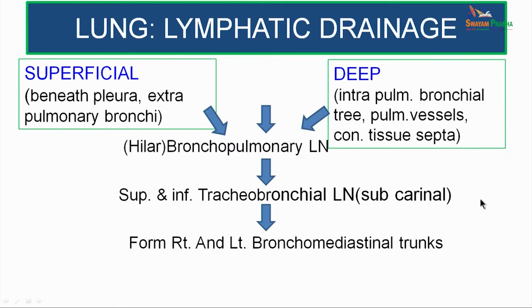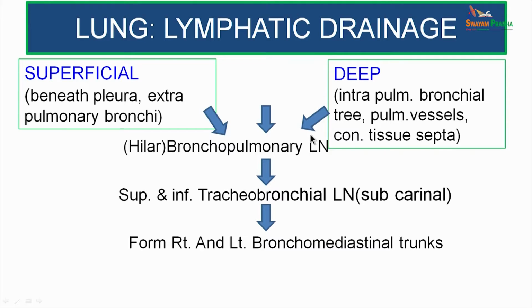Talking about the lymphatic drainage of the lungs, there is the superficial system and the deep system. The superficial system, as the name denotes, lies beneath the pleura, and they mainly drain the extrapulmonary bronchi. The deep ones are basically intrapulmonary in location, draining the bronchial tree, pulmonary vessels and connective tissue septa.